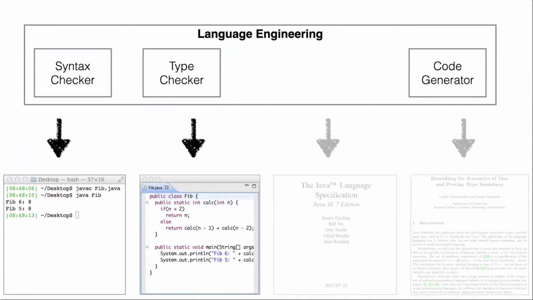Well, people are working on that in the area of language workbenches or language engineering. People have been working on tools like parser generators to generate tools from formal specifications, and that is really aimed at producing working implementations.